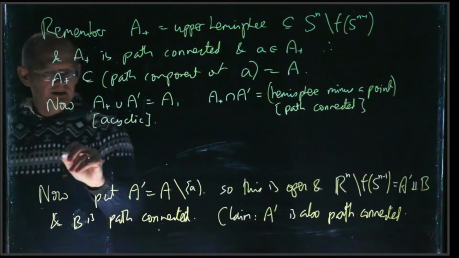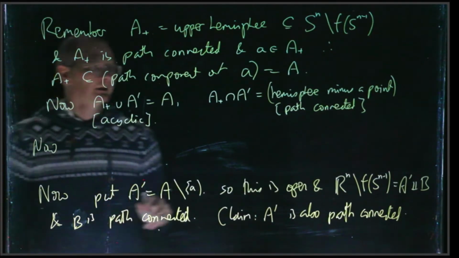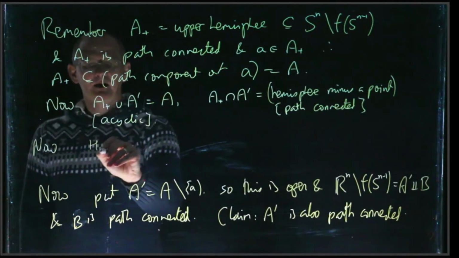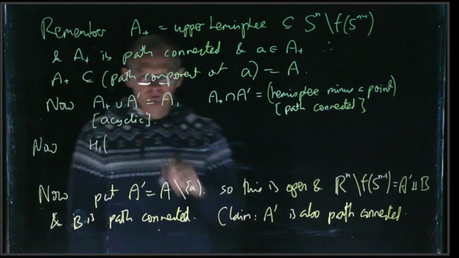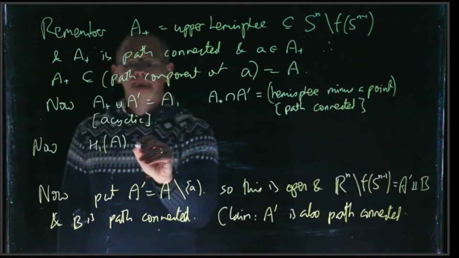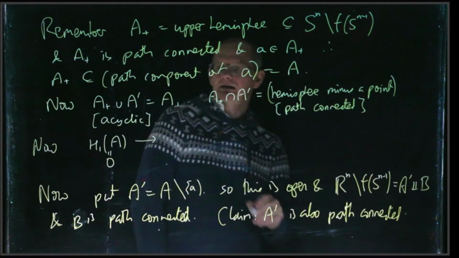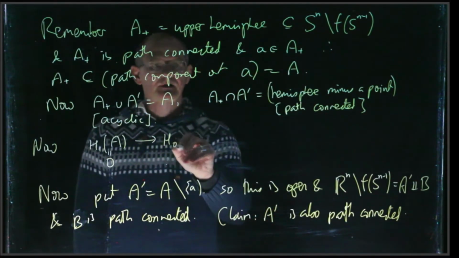Okay, so if we look at, we've got a Mayer-Vietoris type sequence. So we've got H1 of the union, and that's 0 because it's acyclic, going to H0 of the intersection.